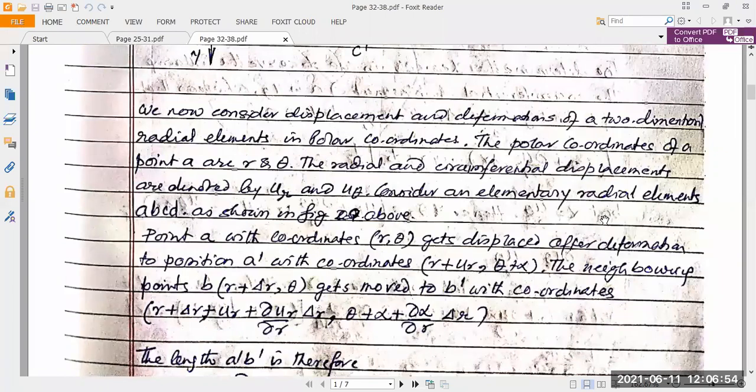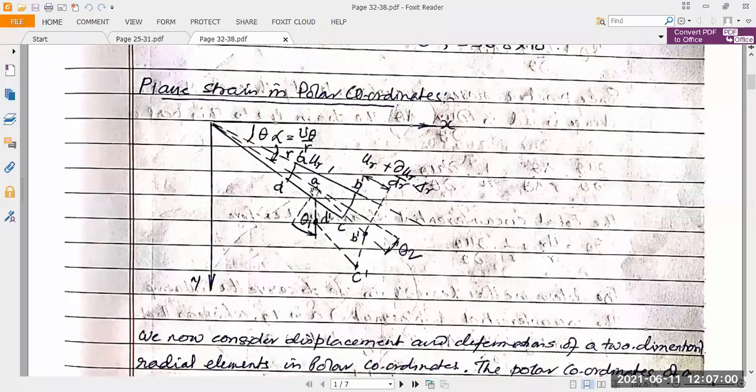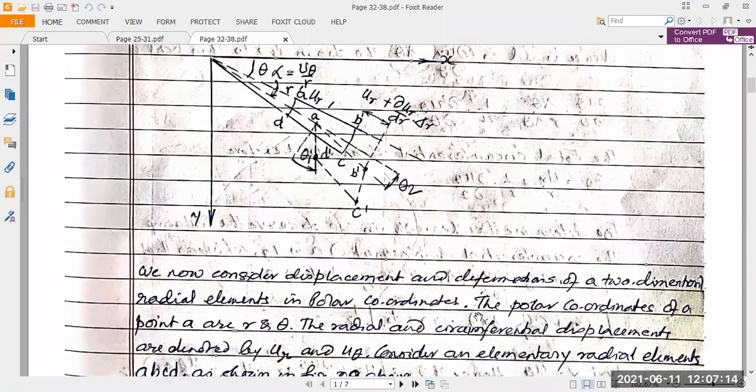So in the picture, this is the point A, and this is the point A dash. After the application of external load, point A will be displaced to point A dash.